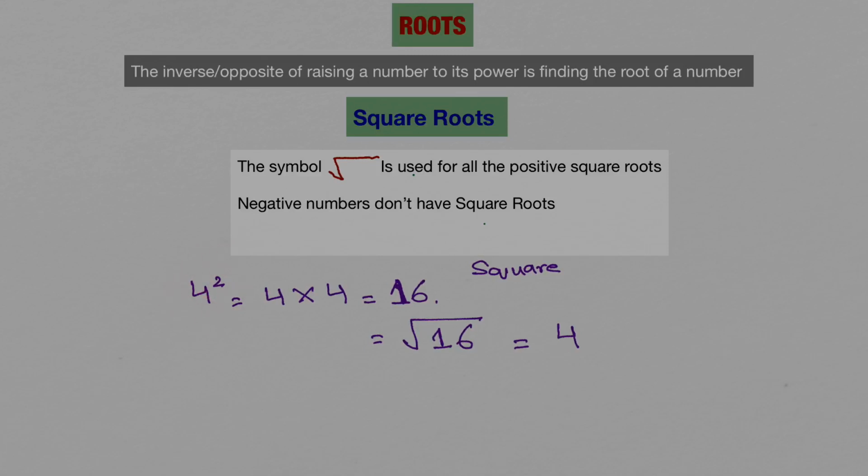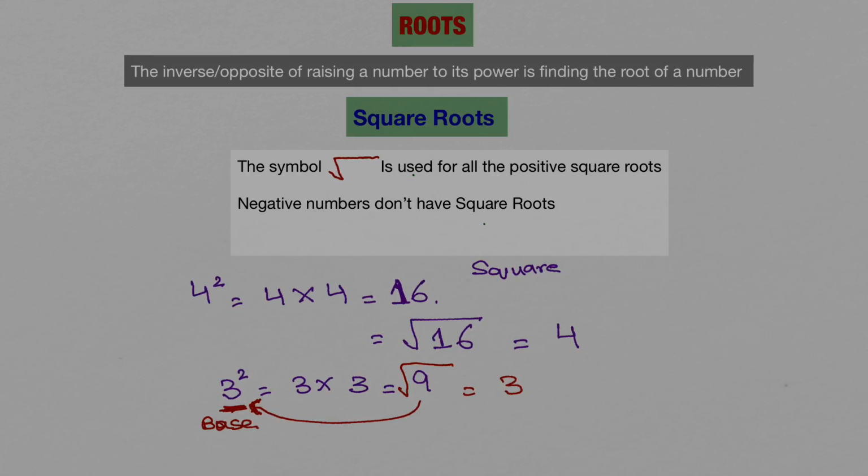Again, for another example, 3 squared is 3 times 3, which is 9. Then the square root of 9 would be 3. So the square root of 9 takes us back to the base of a square number.